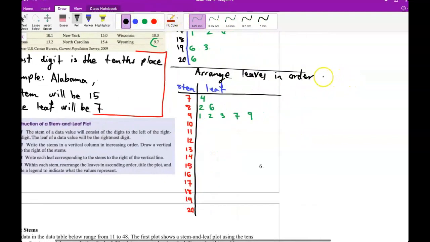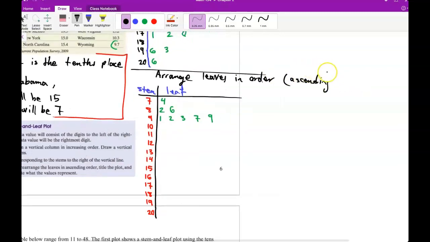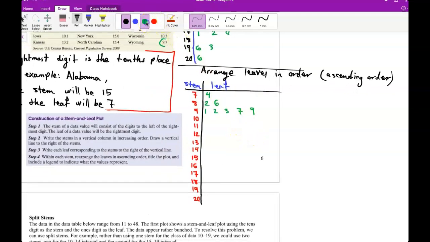So these are in ascending order. For 10, we have 1, 2, 3, 5, 5, 9. Here is 0, 0, 1, 2, 4, 7, 7, 9.